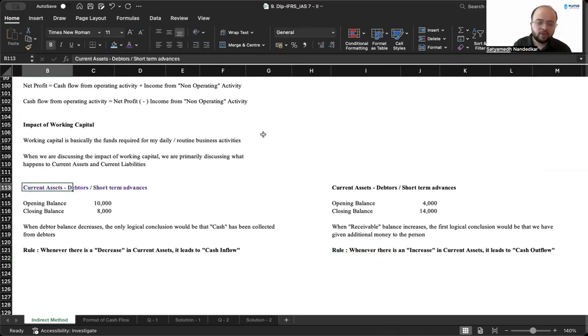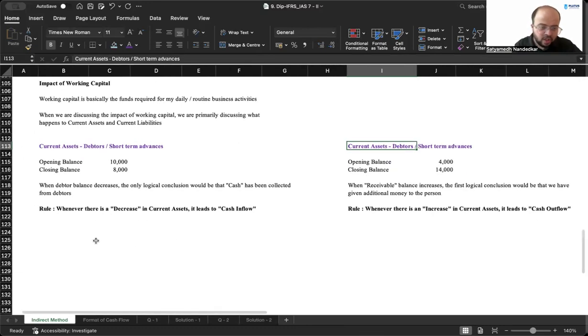But I would want you to understand the impact of movement in current assets principle, or the idea, the logic behind it. Whenever there is a decrease in current asset, opening stock 10,000, closing stock 4,000, my conclusion is I would have sold the inventory and received cash against it. So decrease in current asset leads to a cash inflow, and increase in current assets leads to a cash outflow.